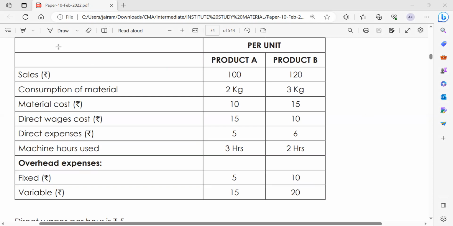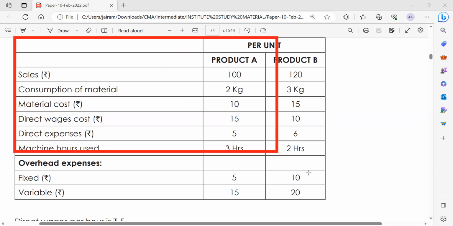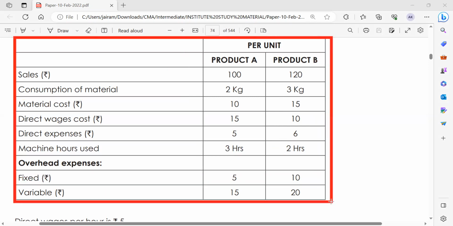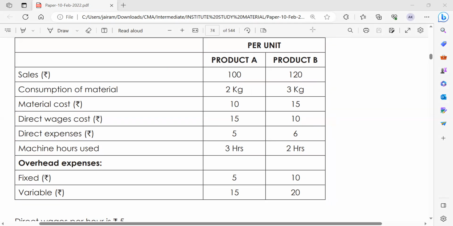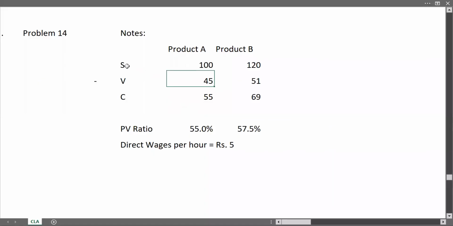So using this table, first we'll form a marginal cost statement. Always do that. Form a marginal cost statement, right? Sales is 100 and 120, and we had already calculated the variable cost. So we can get data till here. Sales minus variable cost is equal to contribution, right?